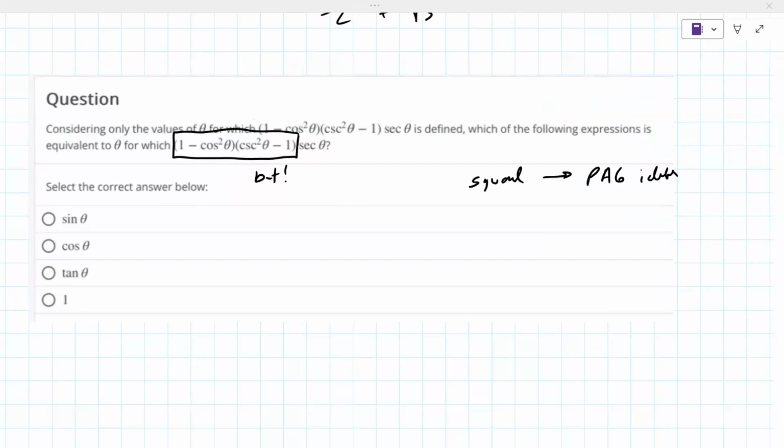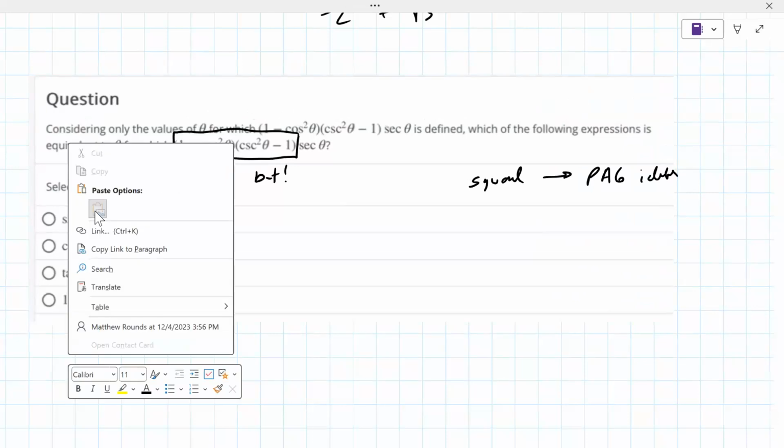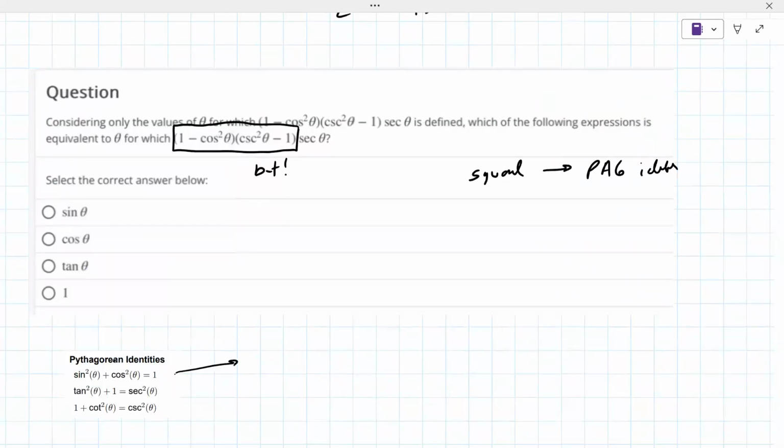So, all right. For example, this first one, we know that sine squared theta becomes 1 minus cosine squared theta, or vice versa. So this first 1 minus cosine squared theta becomes sine squared theta.